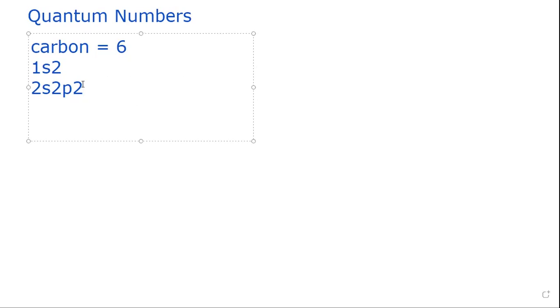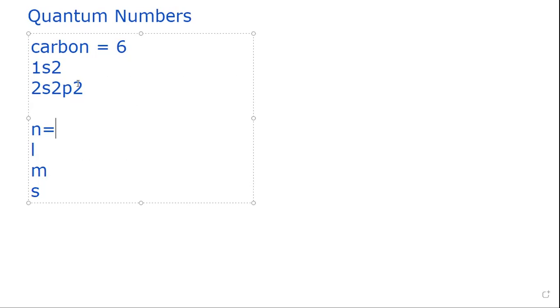And remember, it's 4 quantum numbers that we call N, L, M, and S. N is the energy level where the last electron is located. In which energy level is located this electron that I place here?